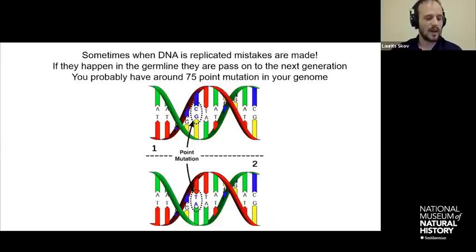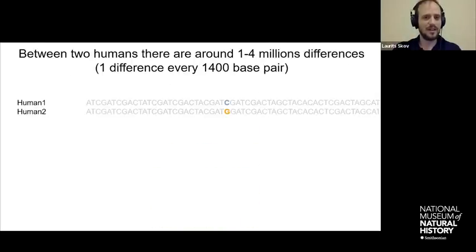What happens when our cells replicate is that they make a copy of the DNA, and your cells are replicating all the time. But sometimes this replication is not perfect. It introduces errors, and every person alive today will have something like 75 new mutations passed on from their parents.